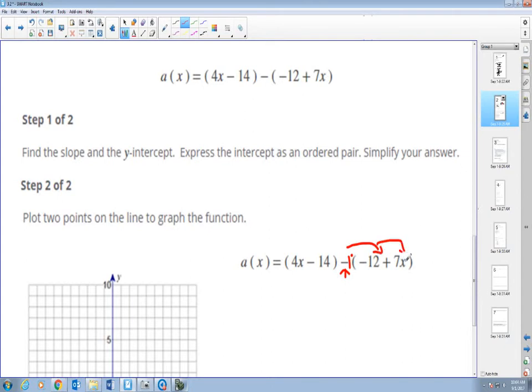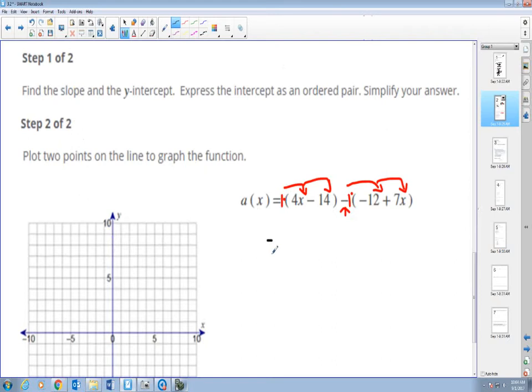My first term, there's nothing in front, so that must be a positive 1. So I should still have 4x minus 14. Negative 1 times negative 12 is positive 12. Negative 1 times positive 7x is negative 7x.